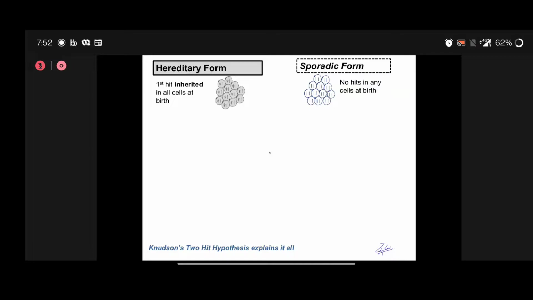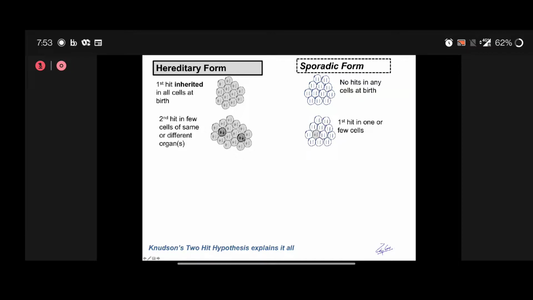So in the hereditary form, the first hit is inherited in all cells. If you see this cross I've made, in one copy of the gene you have the mutation, whereas in the sporadic form, at birth, all the cells are normal. All the cells of the body have no mutation.